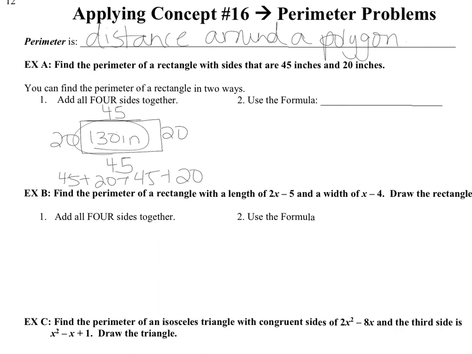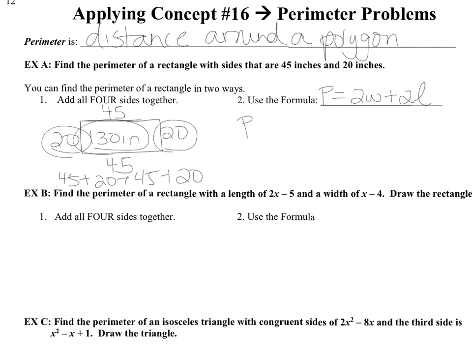Now, you also may have seen the perimeter formula. So the perimeter formula basically says P equals 2W plus 2L, which basically means you do 2 times the width plus 2 times the length. So if you think about that, I have 2 widths of 20.